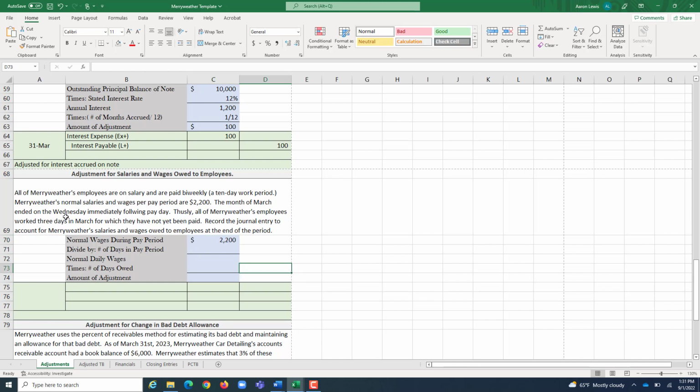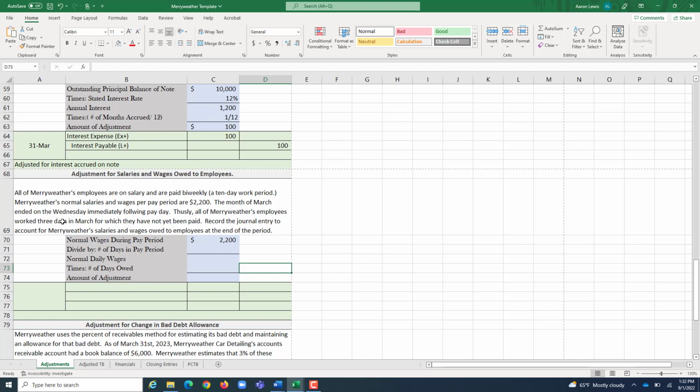The month of March is going to end on the Wednesday immediately following a payday. That means our employees have worked a Monday, a Tuesday, and a Wednesday in March since they've last been paid. Since those days were worked in March, we're going to have to put 3 days' worth of typical pay on our books as an expense to adhere to that GAAP expense recognition principle.